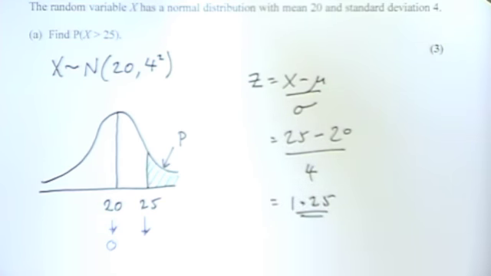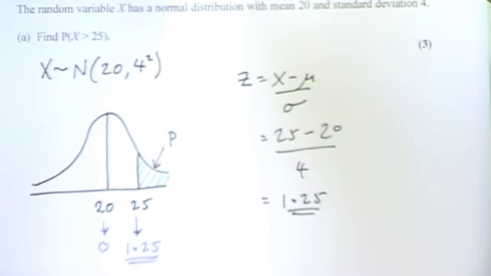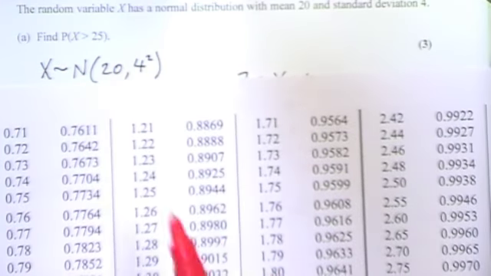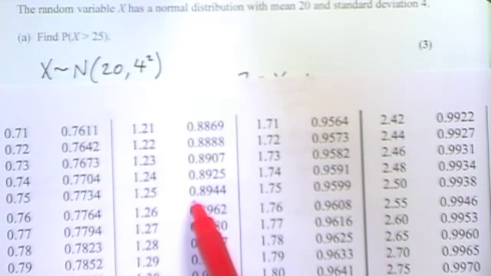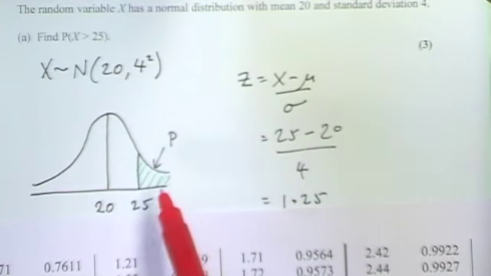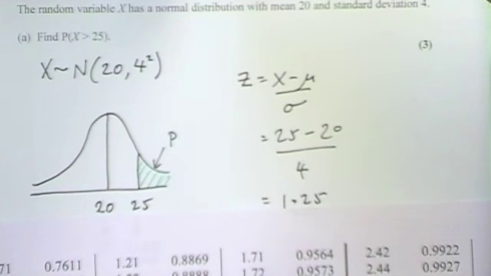So I write that down there, and so I need to find my table to look up the value 1.25. If I get my table and look up 1.25, it gives me the probability of 0.8944. If I look at my diagram, that's clearly more than a half, and in fact the table has given us the probability of less than 25, so we have to do one take away.